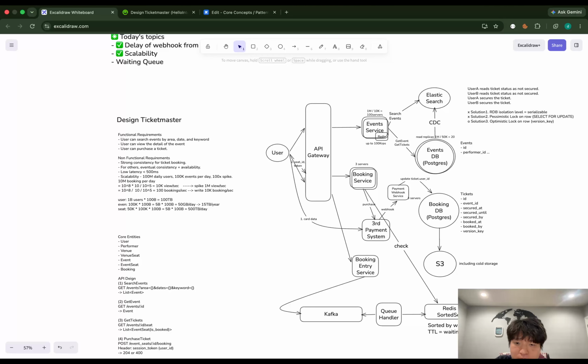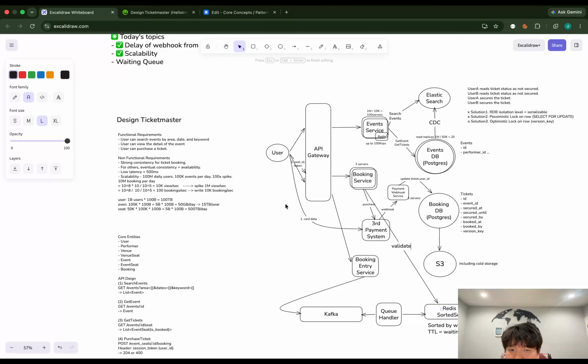Okay. So this is how I can handle the waiting queue. I mean, so many users who's waiting for the booking.